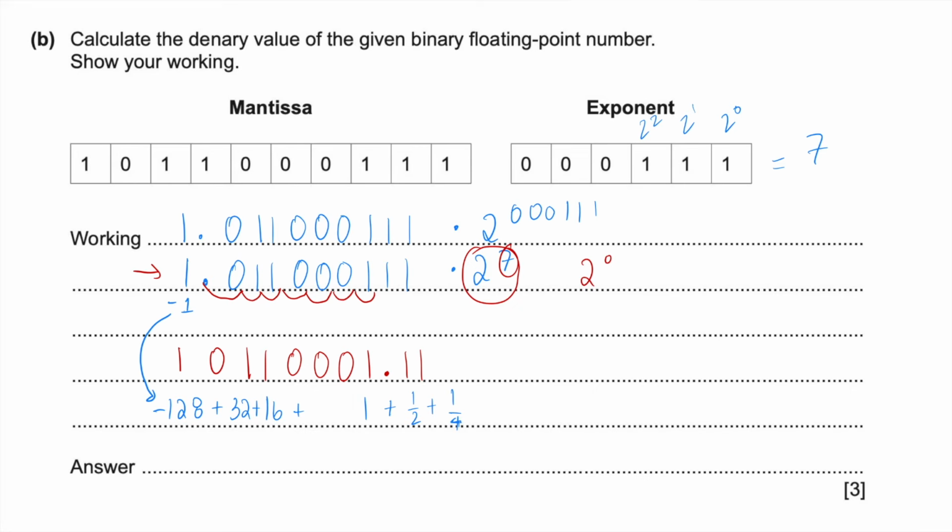So this first number is still going to be negative, and that's probably the thing that trips people up the most. So we're going to end up with -128 plus 48 plus 1 plus 3/4. So -128 plus 49 plus 3/4.